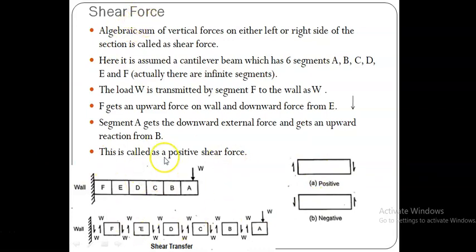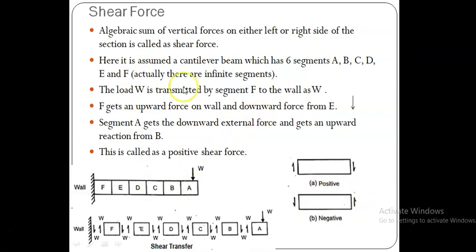So far we have discussed the sign convention used for shear force. Finally we conclude that on the left portion an upward shear force is positive, and on the right side a downward shear force is positive. On the left side, when the shear acts downward, it is negative, and on the right side, when the shear force is upward, it is negative.